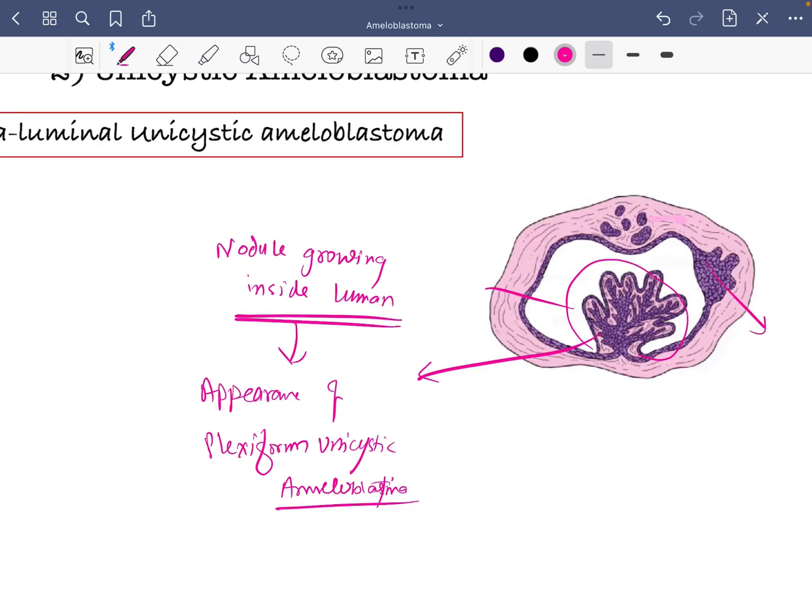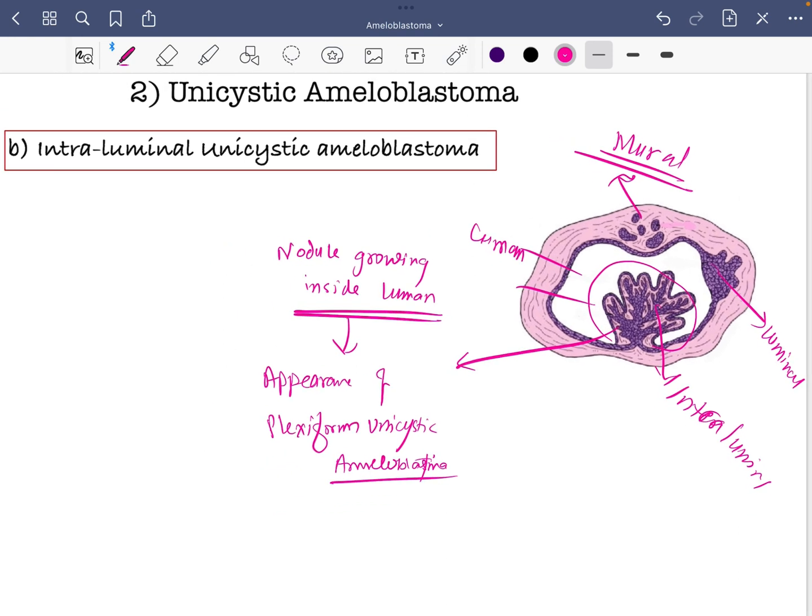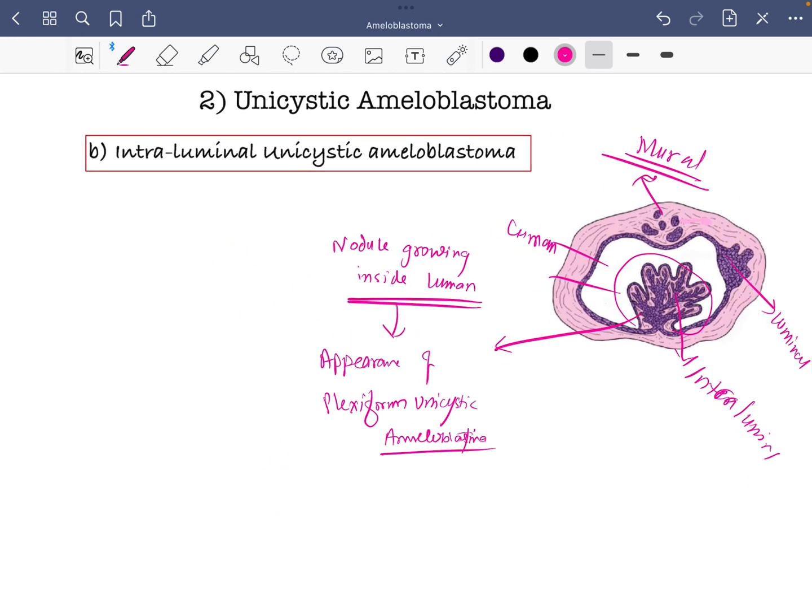This is your luminal type, this is your intraluminal, and this is your mural. So this is your lumen, right? This is your intraluminal unicystic ameloblastoma.